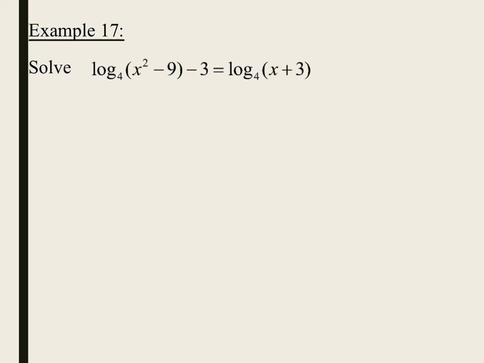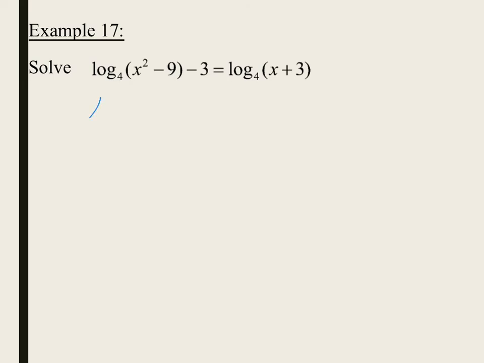So here again we have the following equation. We have log base 4 of (x squared minus 9) minus 3 is equal to log base 4 of (x plus 3). We're going to rewrite this in the following fashion.